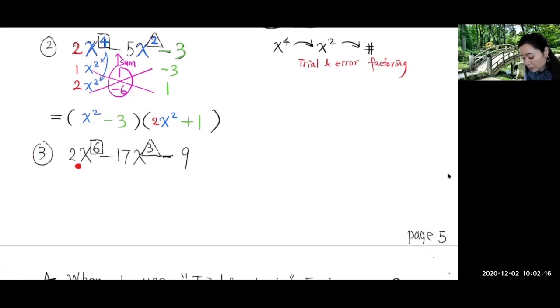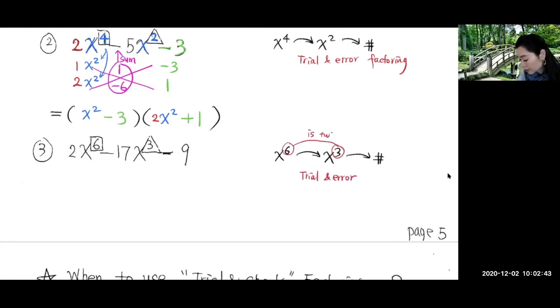Now what about this one over here? So this one, x to the 6th power, and then x to the 3rd power, and then the last one here is a number. So we can try and error factoring. This exponent is twice this exponent. That means this is the square of that. So we can use try and error over here.